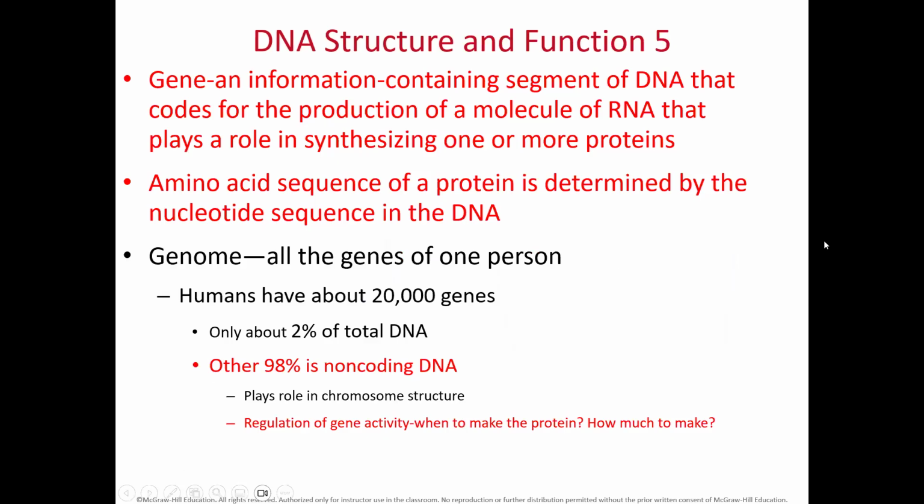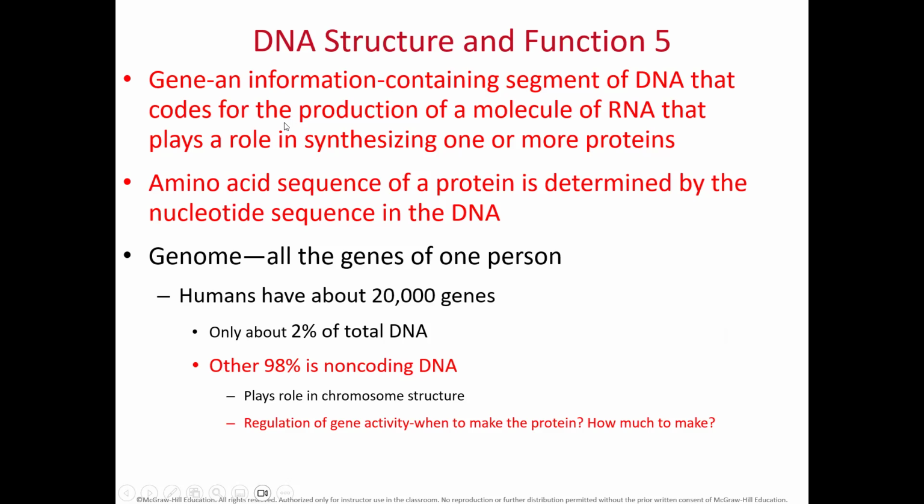Now, in terms of DNA structure, we kind of mentioned it before, 98% is non-coding. That means it doesn't code for any one protein. And remember what we mentioned, what a gene is. So just because it's non-coding does not mean that it is not important. Because remember, just as important as how to make the protein, which is what a gene is. A gene tells us which of the 20 amino acids goes into each of the different locations required to make a proper protein.